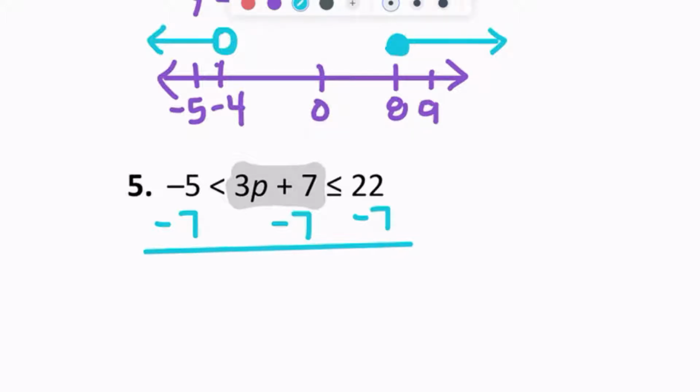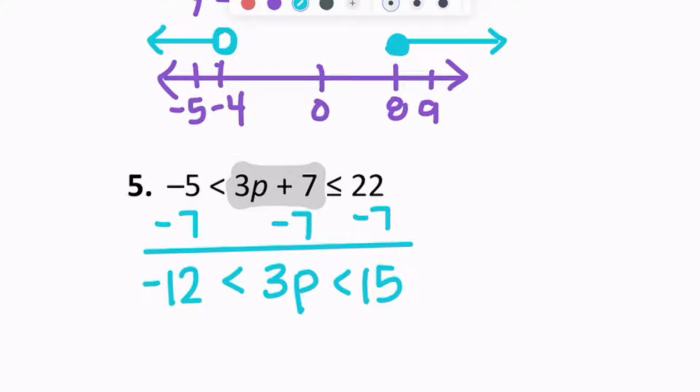Please excuse my dog if she's barking. So -5 take away 7 is -12 is less than 3p is less than 15, because 22 take away 7 is 15.